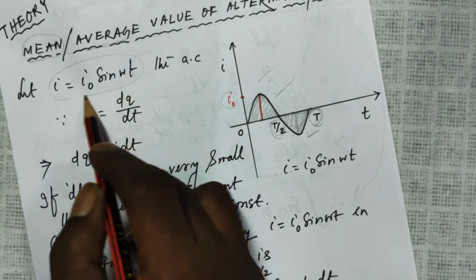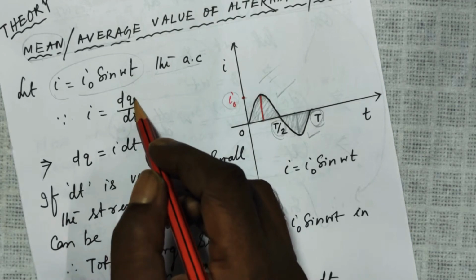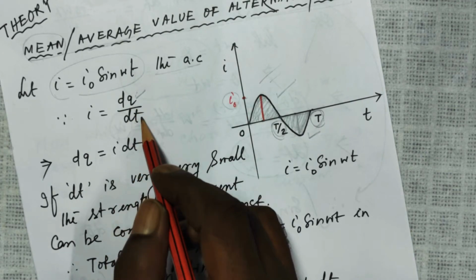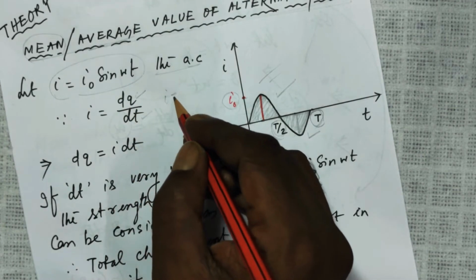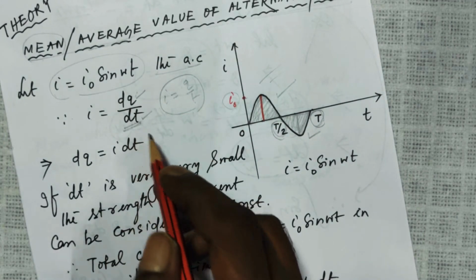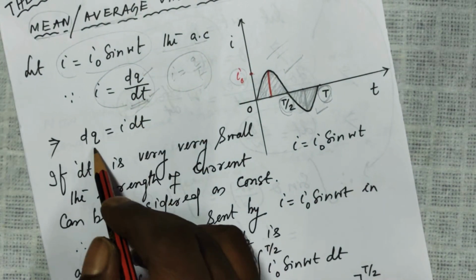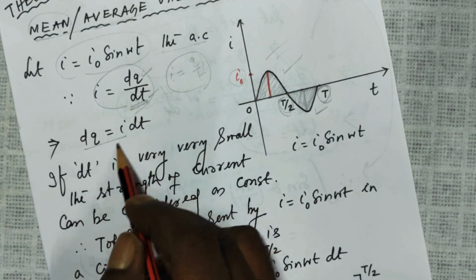Let I is equal to I naught sin omega t, the alternating current. We know I is equal to dq by dt, how the charge is changing with respect to time, or you say I is equal to q by t. If it is changing, dq by dt. Now, by cross multiplying this, we get dq is equal to I dt.